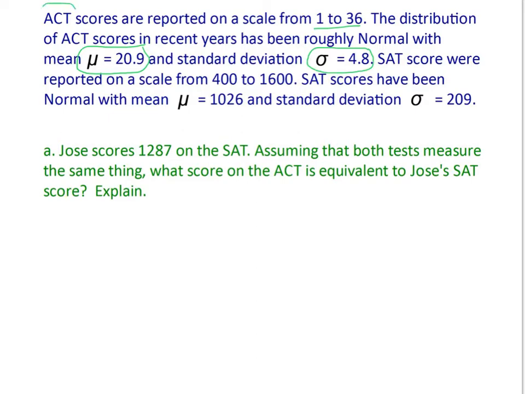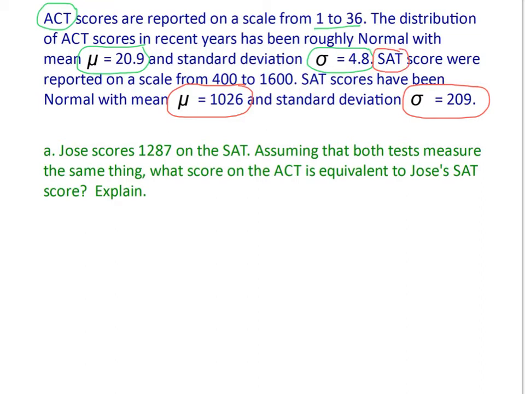The SAT scores were reported on a scale from 400 to 1600. SAT scores have been normal with a mean of 1026 and a standard deviation of 209. So we have 2 different distributions, my ACT and my SAT.